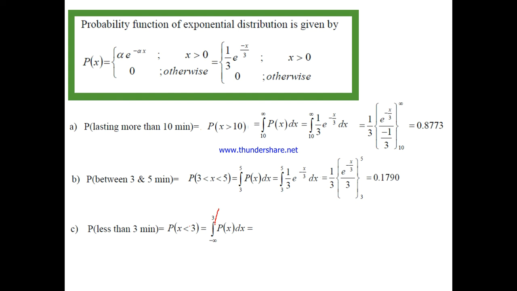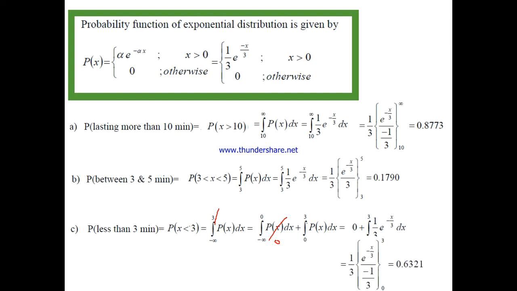So what are we doing? Split this: minus infinity to 0 plus 0 to 3. Between minus infinity to 0, p of x is 0. And between 0 to 3, substitute, integrate, apply the limits, and the solution is 0.6321.